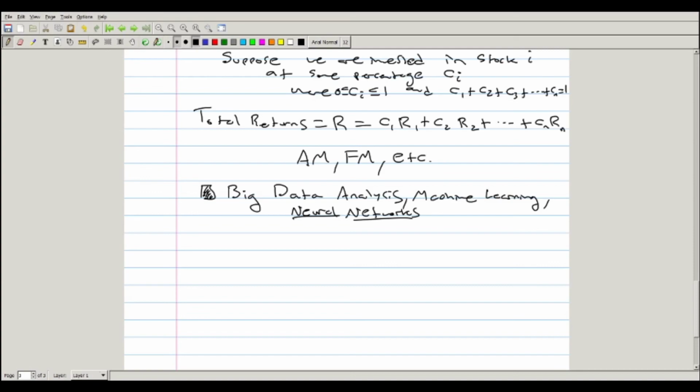The idea is that machine learning and neural networks are essentially using multivariable calculus to write an algorithm that learns and gets better at doing whatever you want the algorithm to do. And the applications of this are numerous.